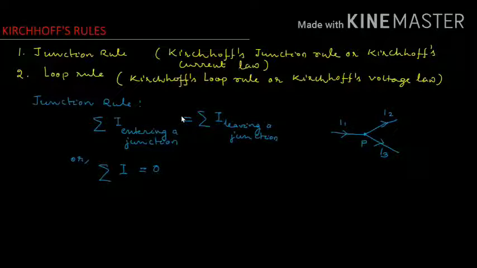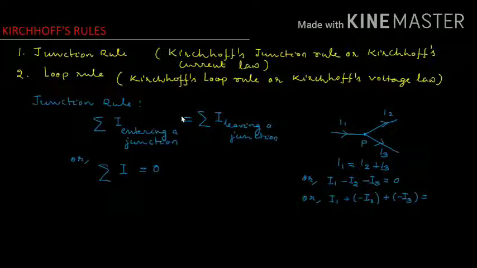So according to junction rule, current I1 is equal to I2 plus I3, or we can write I1 minus I2 minus I3 is equal to 0, or we can write I1 plus or minus I2 plus or minus I3 is equal to 0.